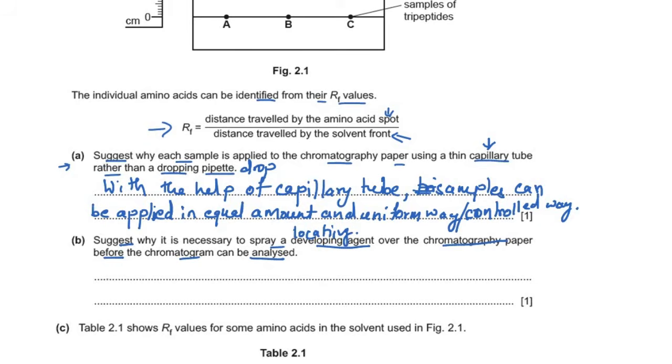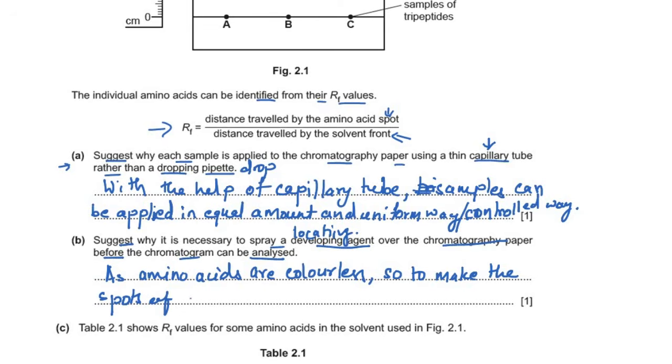So here we can say that as amino acids are colorless, to make the spots of amino acids visible, we spray it with the developing agent. Then the chromatography spots will become visible, they will actually get colored.